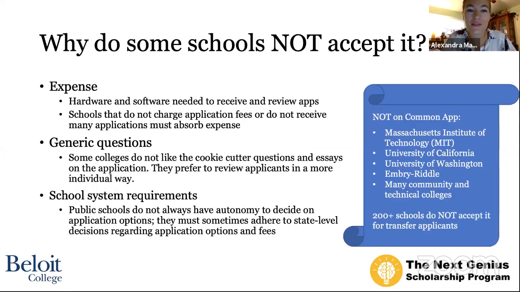But there are some schools who do not accept CommonApp. So it was worth talking a little bit here about in what cases schools might not accept this and why. I mean, it sounds so fantastic and streamlined and easy, but as I mentioned earlier, there is a cost involved to the institution in order to be able to accept CommonApp.